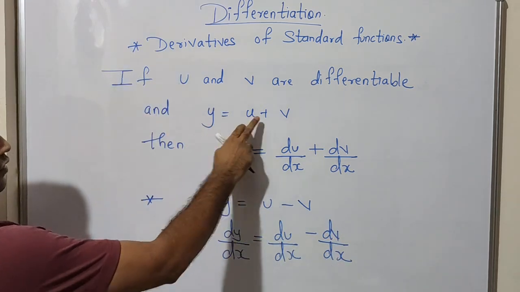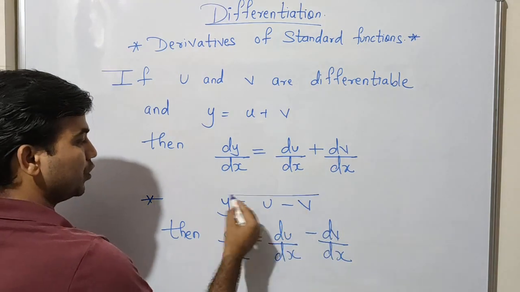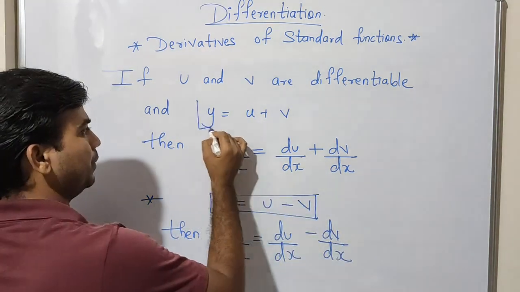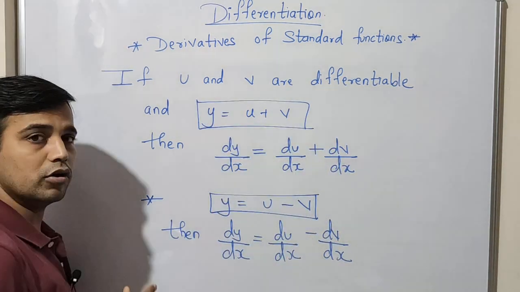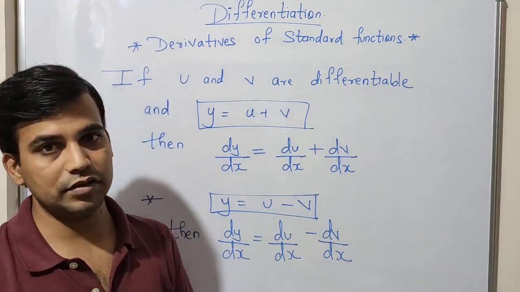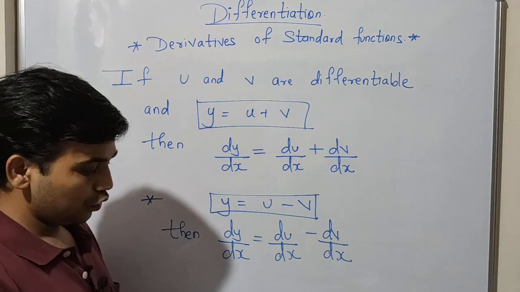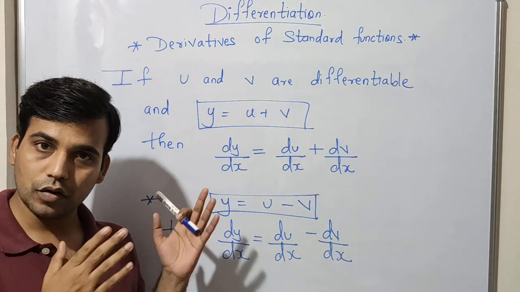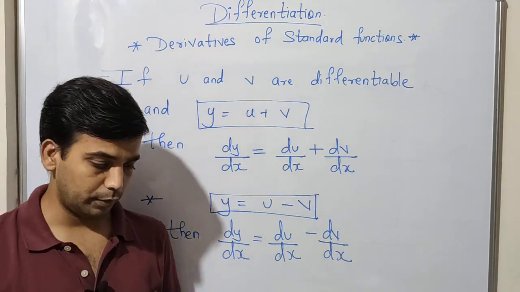So this is derivatives of sum, derivatives of difference. Simple basic rule, you will need this while solving the problem. In the later stages, I will explain derivatives of product as well as derivatives of quotient. So you can pause the video over here, note it down, then you can proceed with the problems.